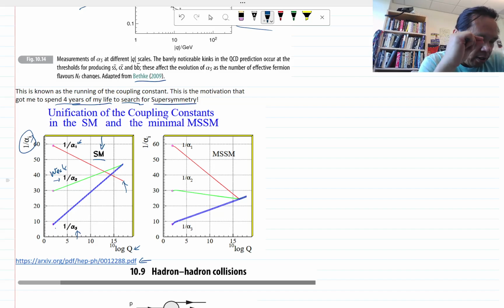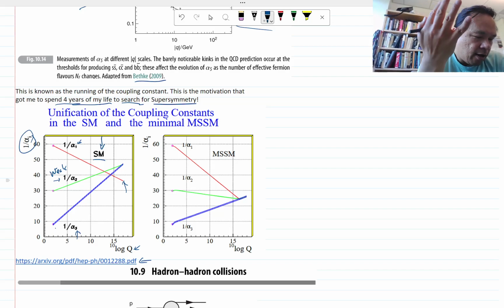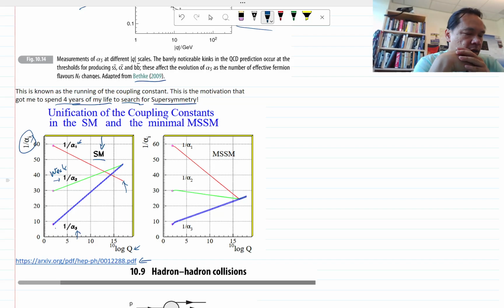If all 3 of these forces are the manifestation of the same physics, the same Lie algebra, the commutation relation we talked about before, then at higher and higher energy, where the masses don't matter anymore, chirality and helicity become the same thing. And the strong charges versus the electric charges all become the same thing. You would think they should do the same thing at these very, very high energies.